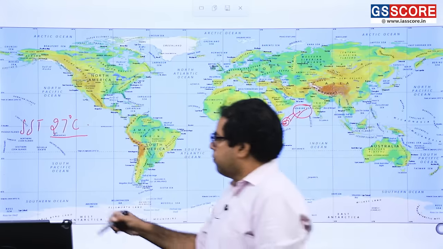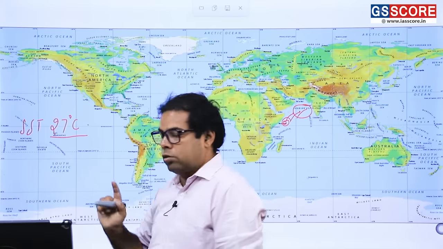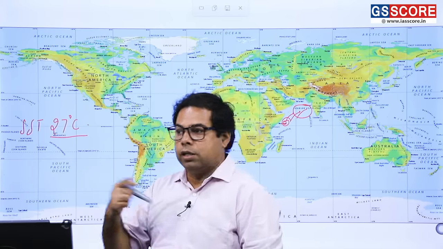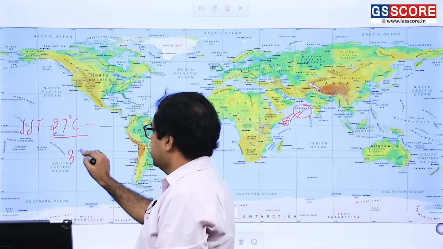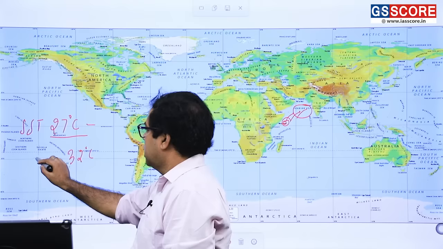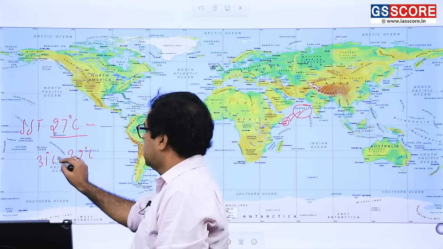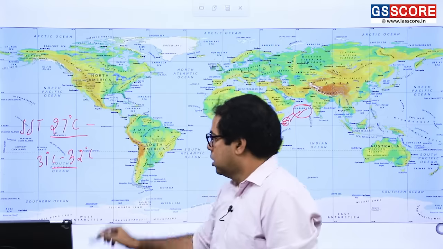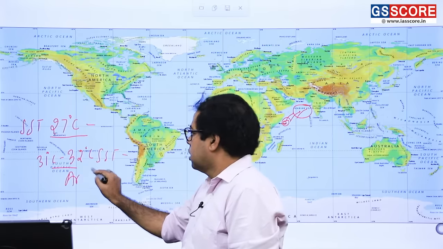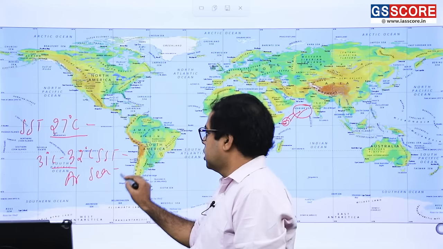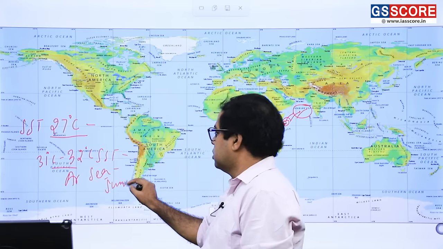But this time the temperature was excessively recorded, 31 to 32 degrees Celsius, in the sea surface of the Arabian Sea in the month of June.